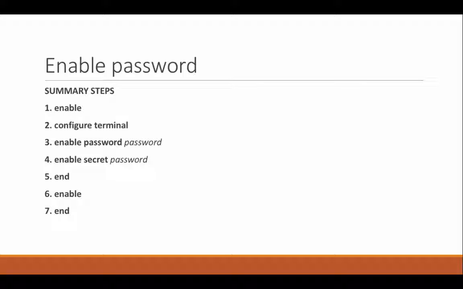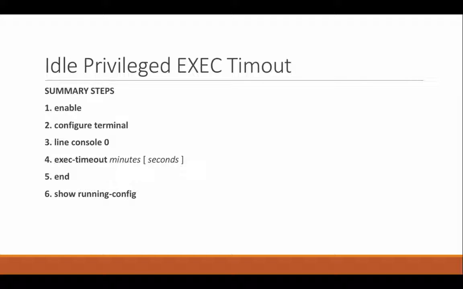So idle privilege exec timeout, you do enable, configure terminal, and then you do line con 0, and then exec timeout in milliseconds, end, and then show running config to verify.